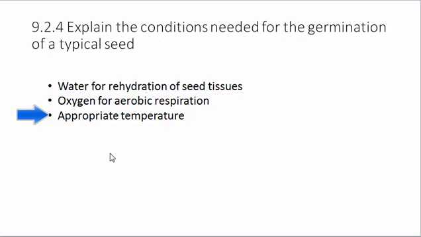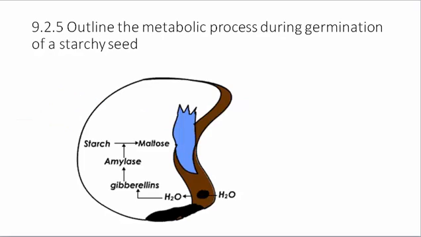The next assessment statement says, outline the metabolic process during germination of a starchy seed. So as you can see here, when water is absorbed through the micropyle, a plant hormone called gibberellin, or gibberellic acid, GA for short, is released, and it triggers the production of amylase, which is an enzyme that breaks down starch into maltose.